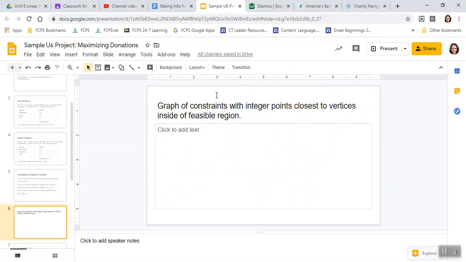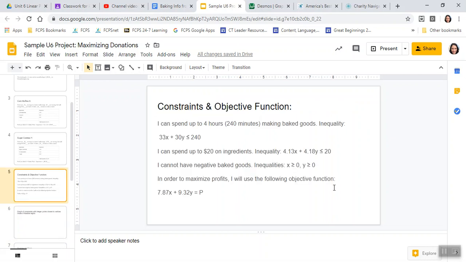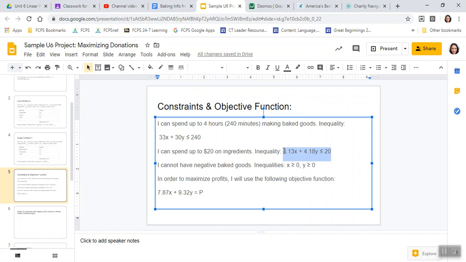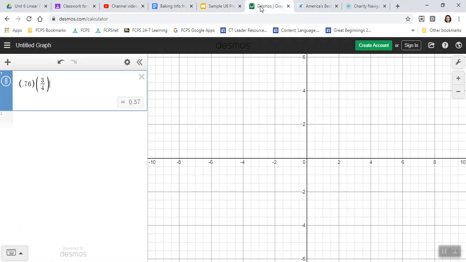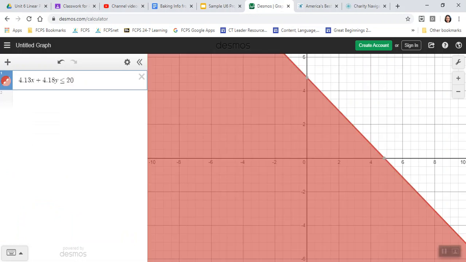Now it says to graph the constraints with integer points closest to the vertices inside the feasible region. So we're going to start by graphing the constraints on Desmos. Okay, so these are my constraints. I can try to copy them, but they won't copy perfectly. Actually, that did copy perfectly.